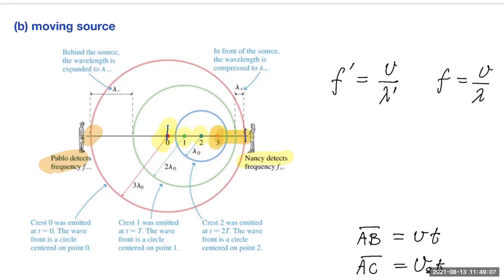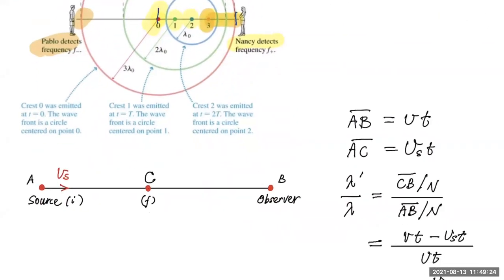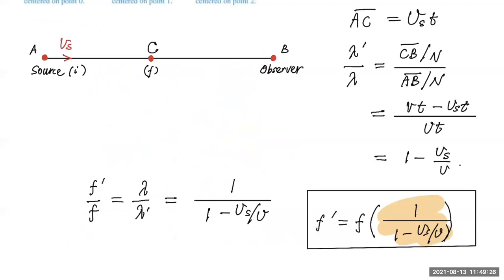Rather, it's at 0.3. So the distance between him and the 0.3 is of course longer than the radius of the red circle. Therefore, the wavelengths that he receives get stretched. A longer wavelength translates to a lower frequency. All you have to do, as far as math is concerned, is change this negative sign to a positive sign. You have a bigger denominator, therefore a lower frequency. So those are the two mechanisms.